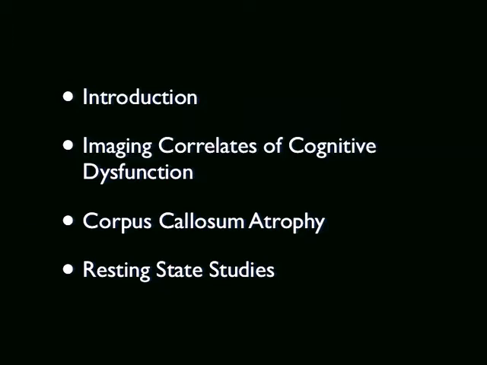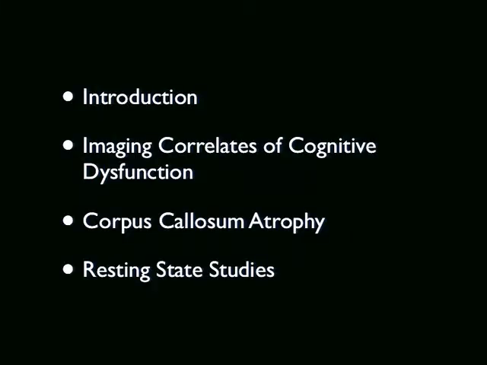So what I will do today is first give a brief introduction on MS for those that are less familiar with that disease, and then move into what's been done so far in using neuroimaging to look at a specific symptom or manifestation of MS, which is cognitive dysfunction.